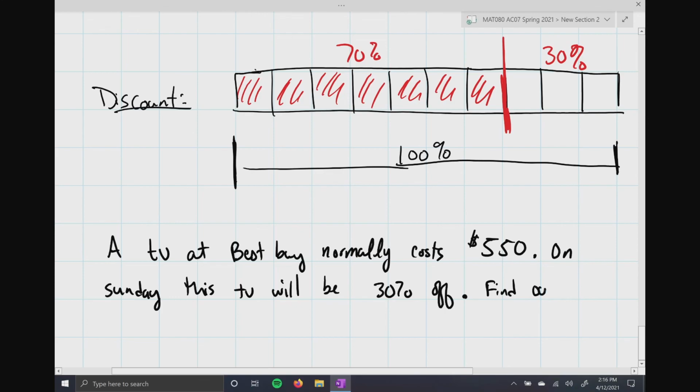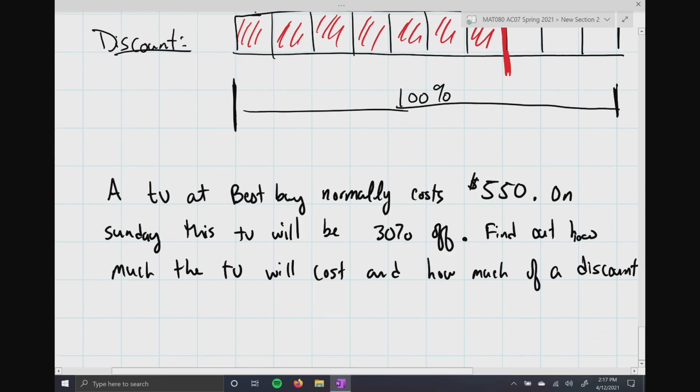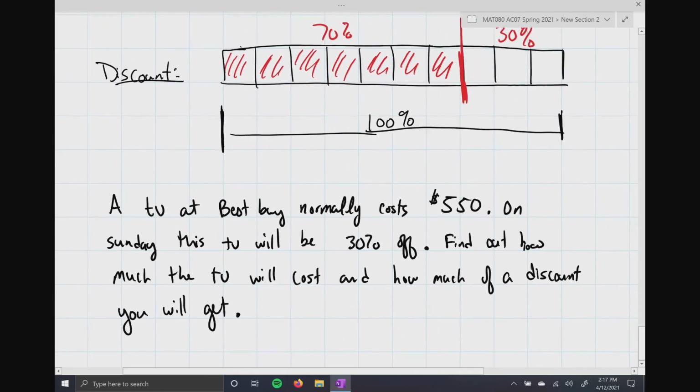Find out how much the TV will cost and how much of a discount you are receiving. Okay, so it's kind of like a two-part problem.